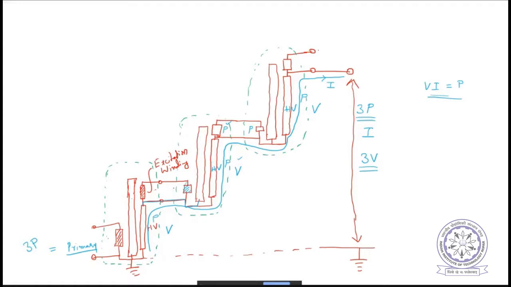Therefore, this primary must be delivering 2P. Therefore, this excitation winding is also delivering 2P. Now P plus 2P, 3P, therefore this is 3P. So power is balanced.